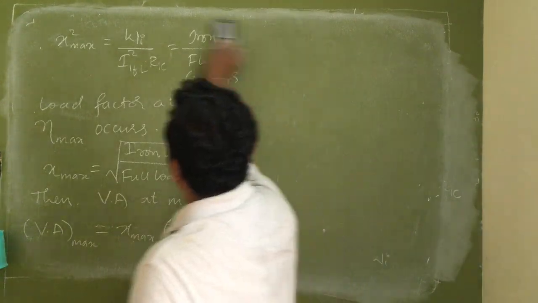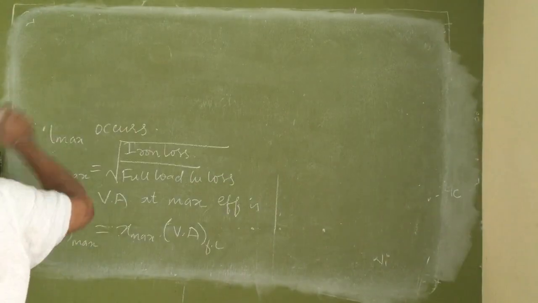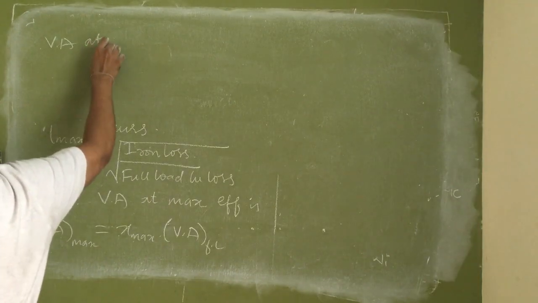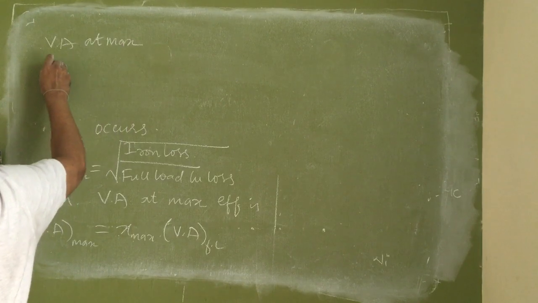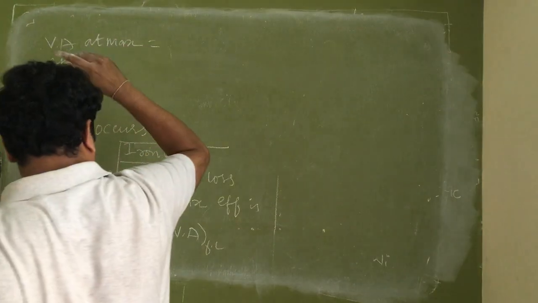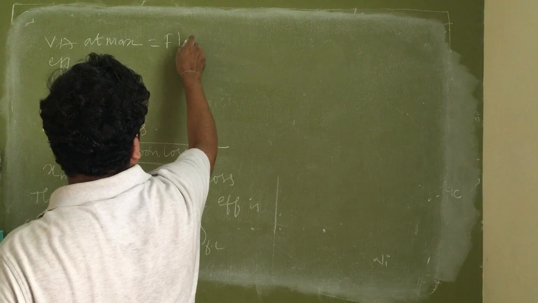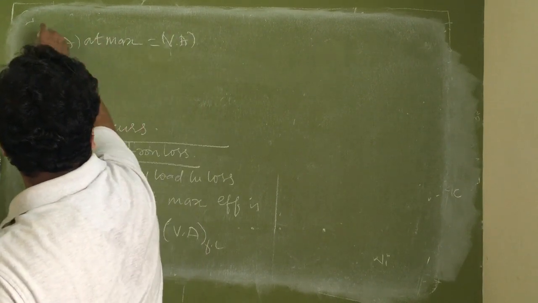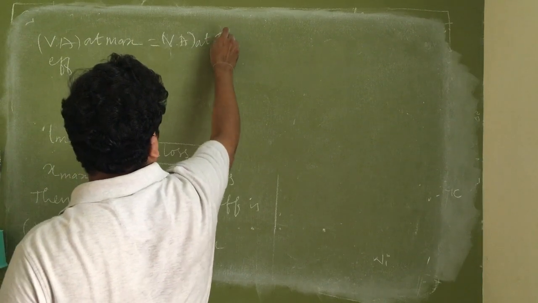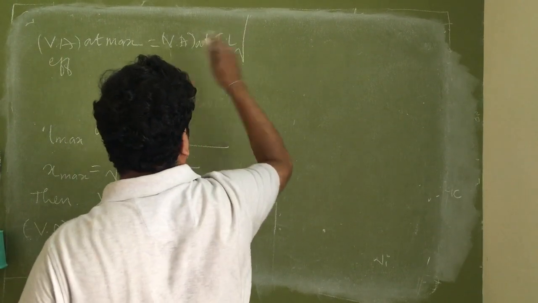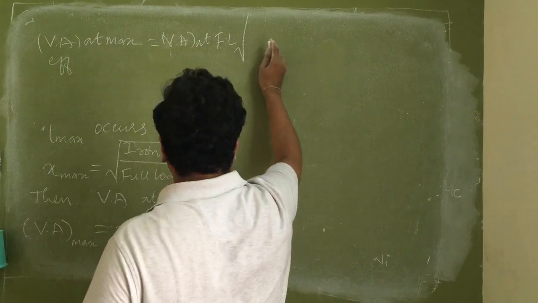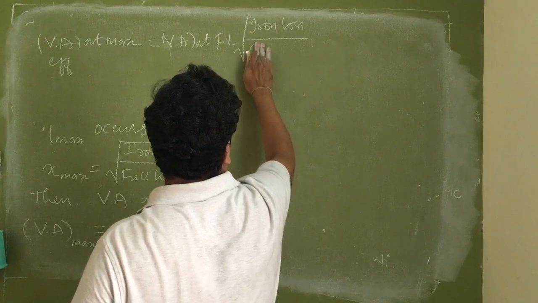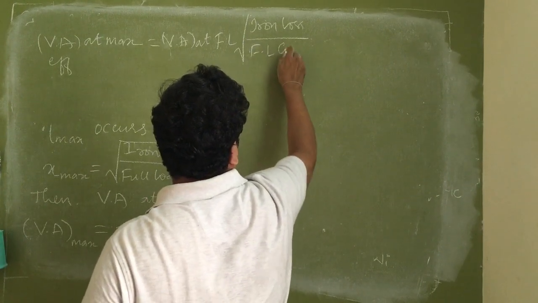So the volt amperes at maximum efficiency is equal to the full load volt amperes, or volt amperes at full load, into under root iron loss divided by full load copper loss.